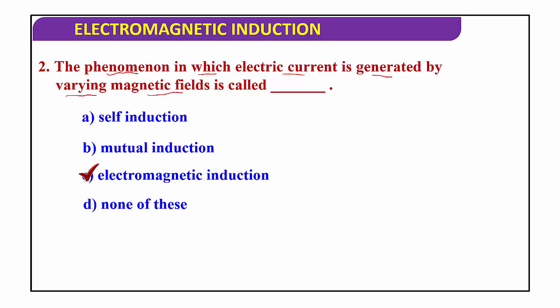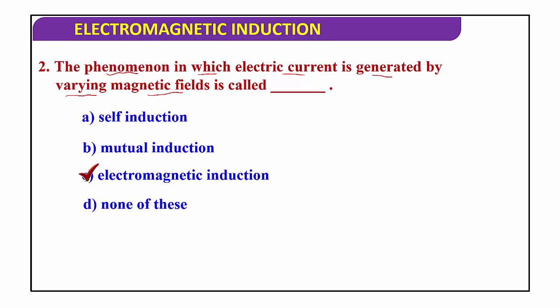Is it clear? What is electromagnetic induction? It is the phenomenon in which the electric current is generated by varying magnetic field. So this is just a brief introduction to the chapter electromagnetic induction. What is electromagnetic induction?